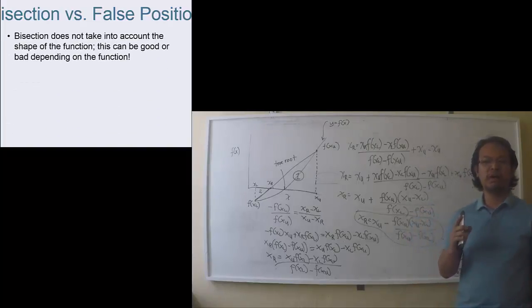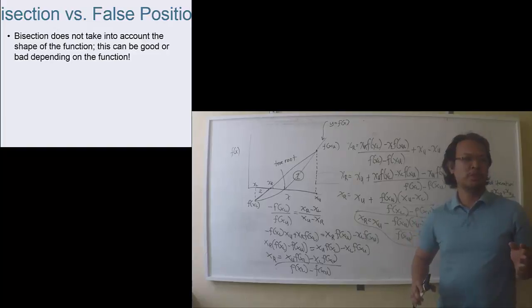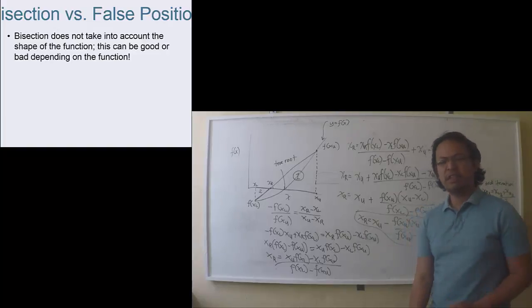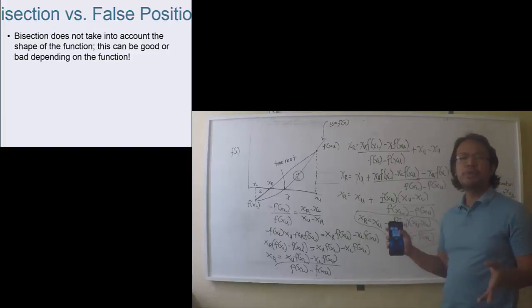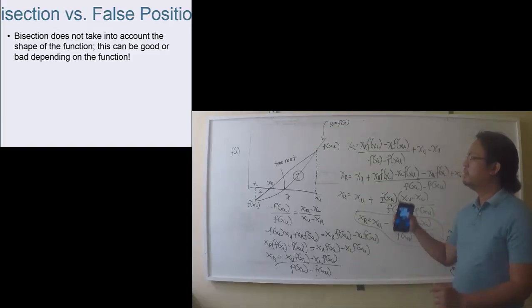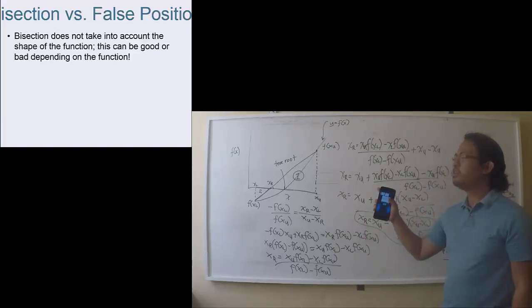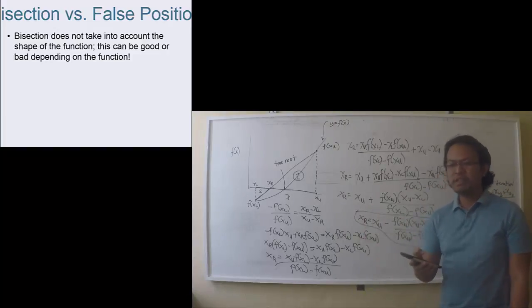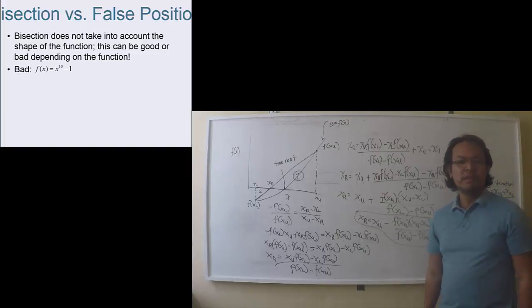Bisection does not take into account the shape of the function. That's one thing which makes bisection not that good, because it does not incorporate the function. It just divides the interval into two and then guesses the root, and that's it, whatever the function is. False position, because it uses the function, will know. It incorporates the shape of the function.